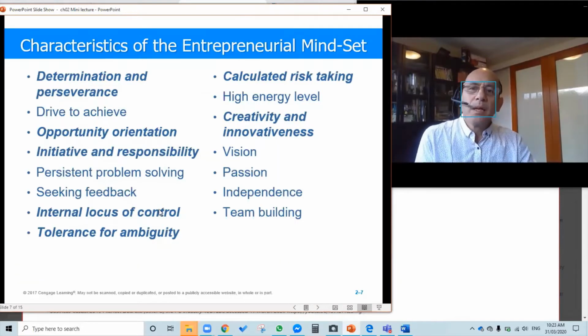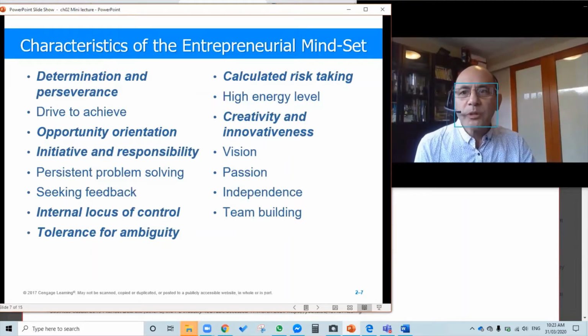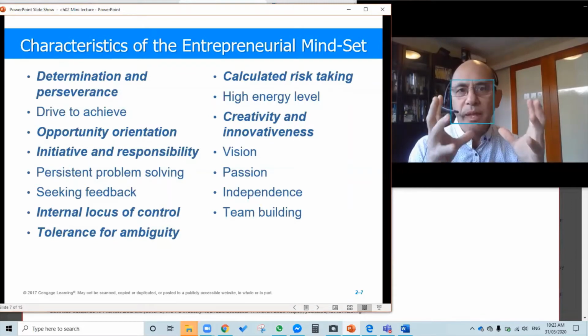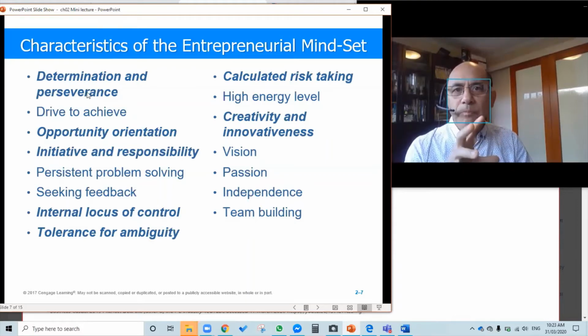All right. There are a lot of characteristics of entrepreneurs, but I just wanted to highlight, and I put it in bold here, what I think are really the more important characteristics of entrepreneurs, or that mindset that we were talking about. So the first is determination and perseverance. Never say die attitude.